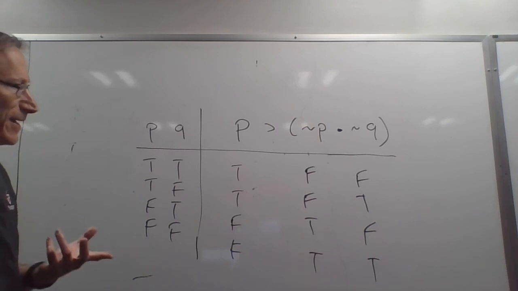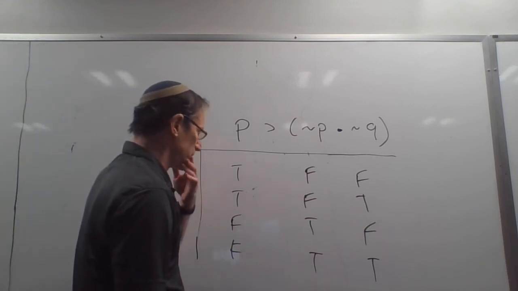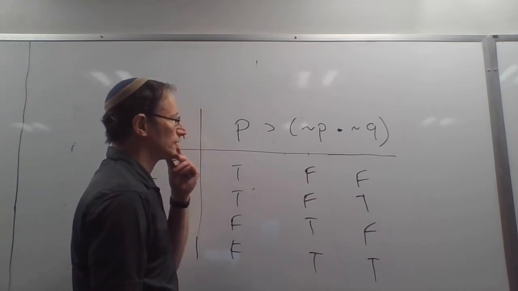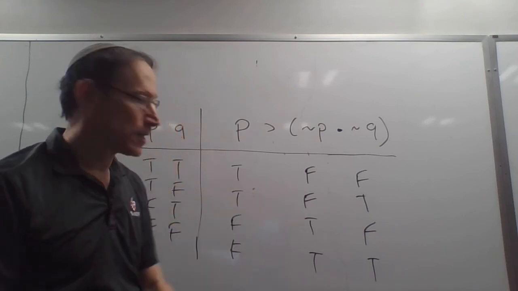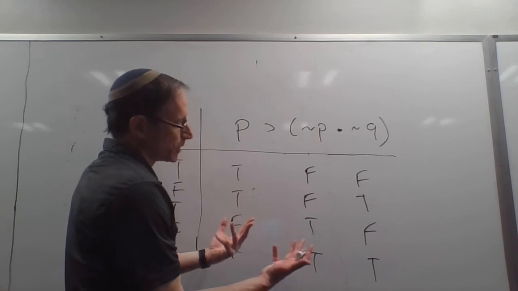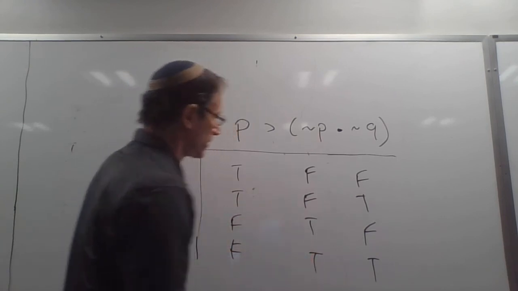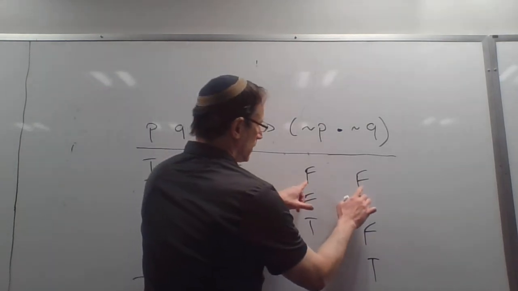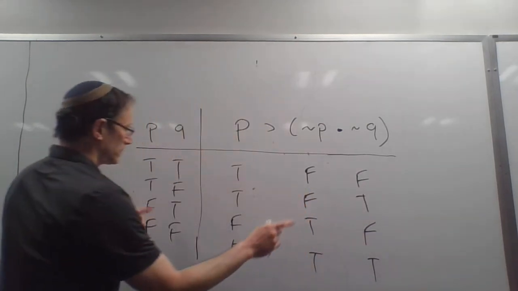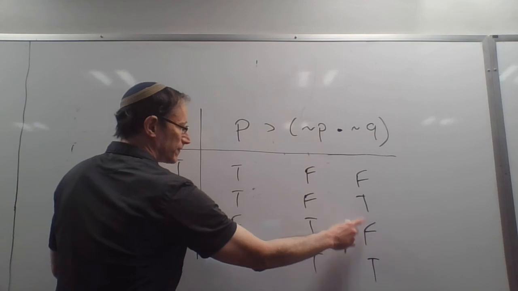So, see, I'm actually going to be wrong here. This is not a contradiction. I made a mistake. I thought this would be a contradiction, but my truth table is showing me that actually, well, we'll see what happens here. Let me make sure I did this right. Not Q is FT, FT.